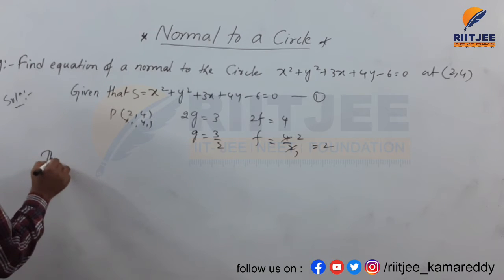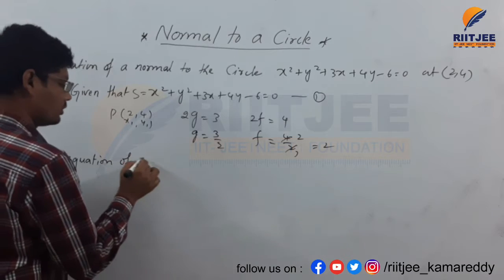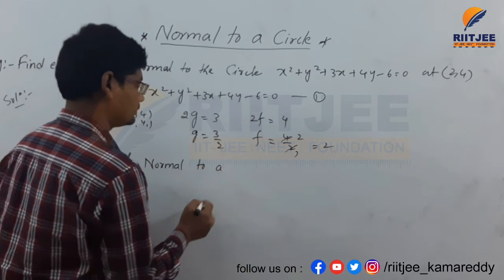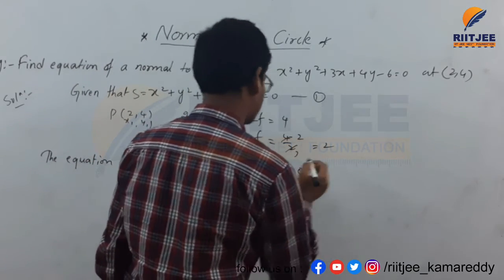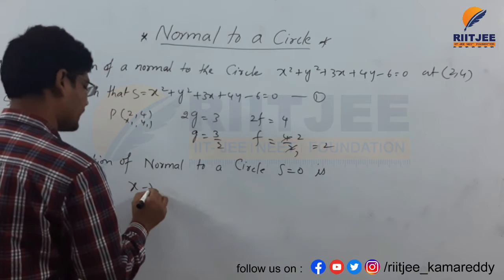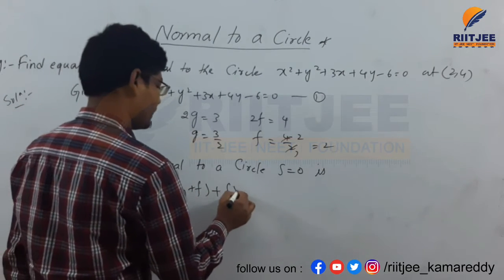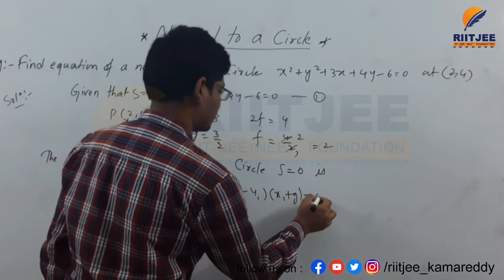And the equation of normal to a circle S is equal to 0 is x minus x1 into y1 plus f plus y minus y1 into x1 plus g, that is equal to 0.